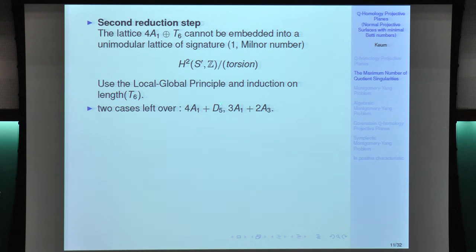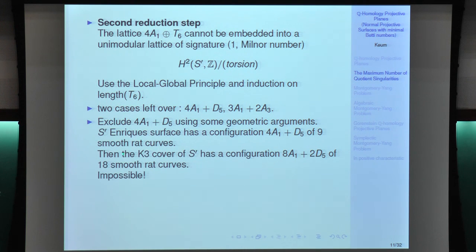So it's a non-cyclic case. And 2244. In this case, one can rule out the first case using some geometric argument. So anyway, this is a rational double point, so its minimal resolution must be an Enriques surface.